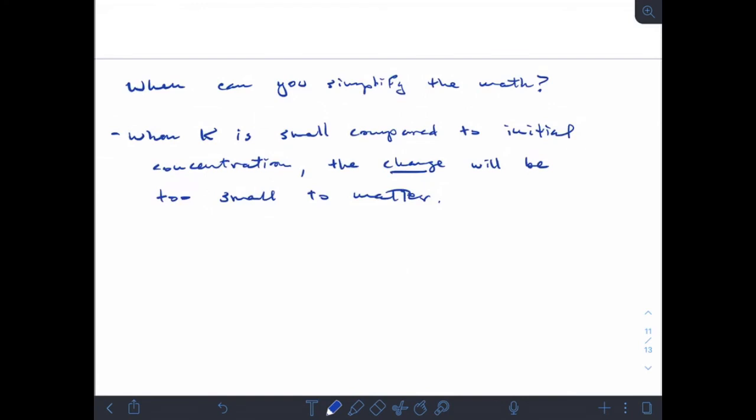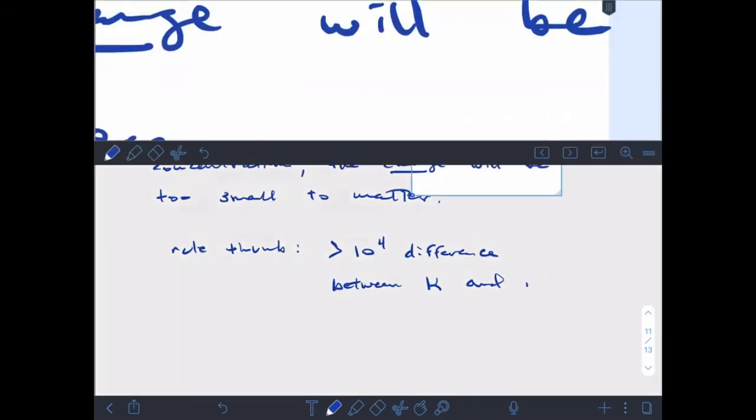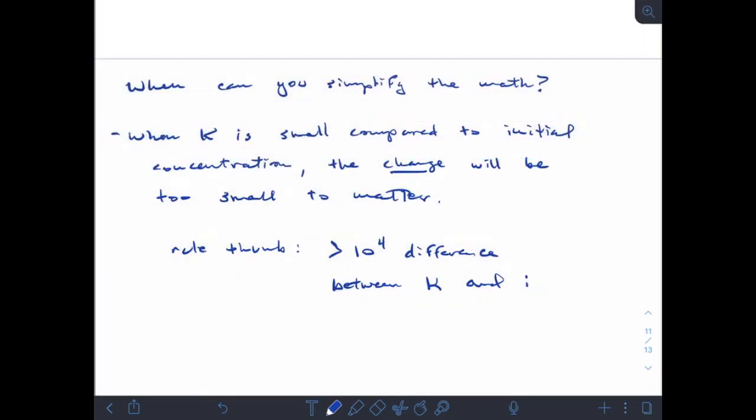The rule of thumb for when you can apply this approximation is when there is a greater than 10 to the 4 difference between K and the initial concentration.